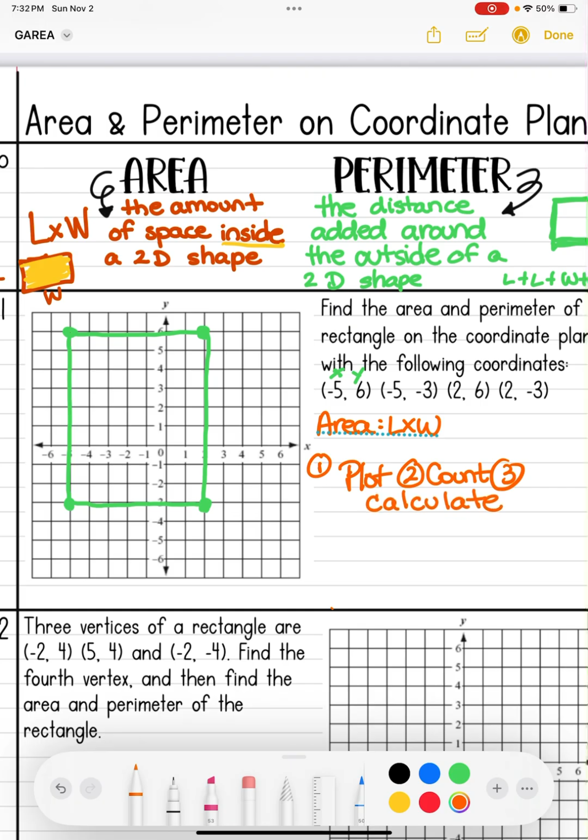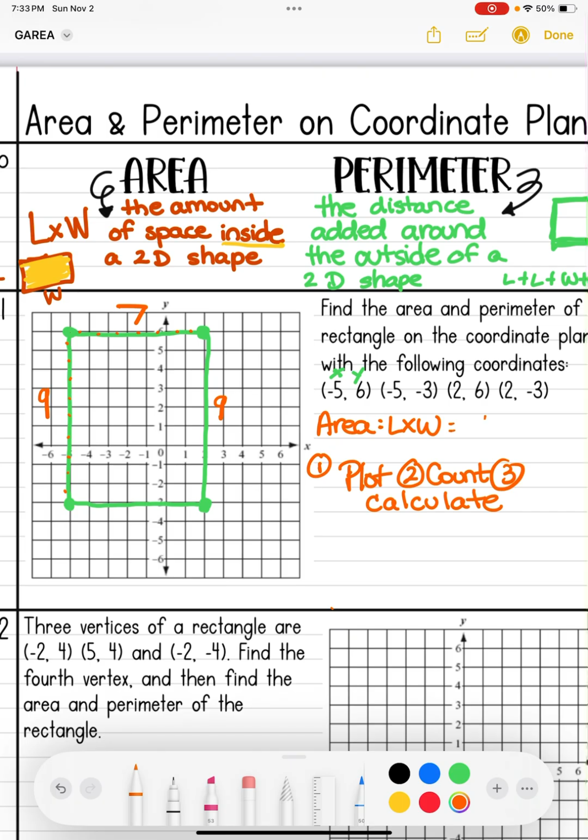We plotted. Now I'm going to count 1, 2, 3, 4, 5, 6, 7, 8, 9. So if this side is 9, I know that that side's going to be 9. Then up here, 1, 2, 3, 4, 5, 6, 7. 7 is the width.